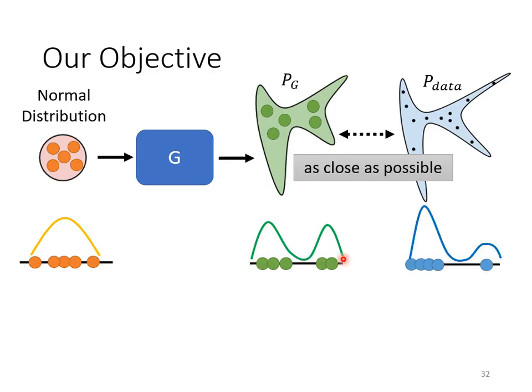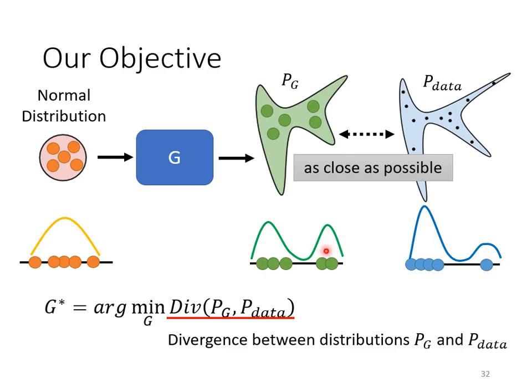In addition, P data refers to the distribution of the real data. The real data distribution may look like this. It's much sharper. And the left side contains more elements compared to the right side. We expect the distribution on the left and the distribution on the right to be as close as possible. We can use a formula to describe this.